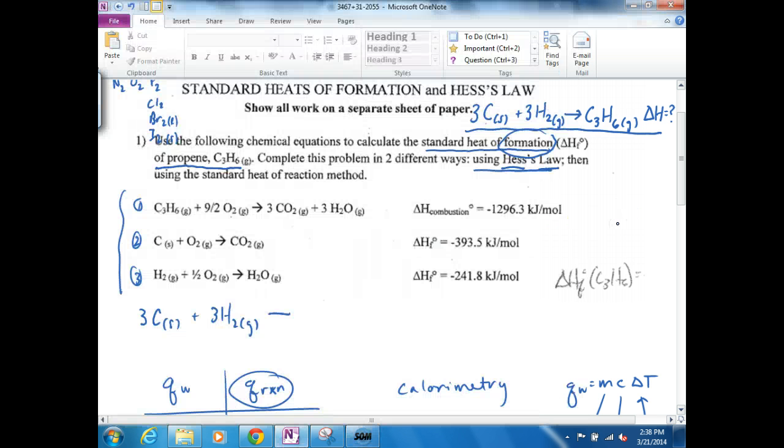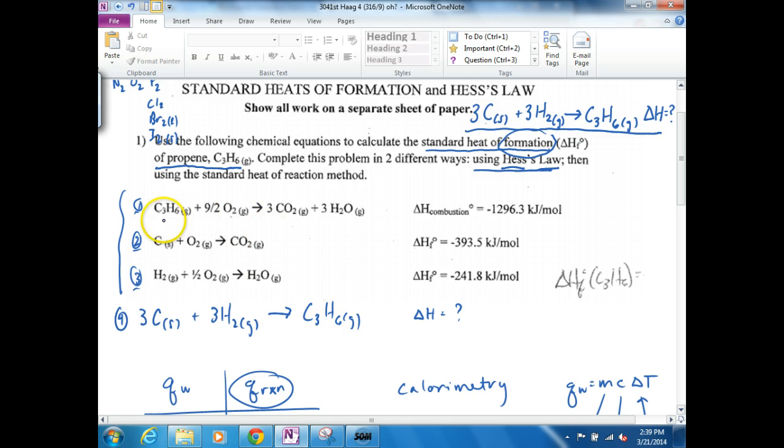So I've got to use equations 1, 2, and 3 to get this equation, the formation of propene. And then I'm going to calculate delta H on that using Hess's law. Now, what I need to do is figure out how I need to arrange 1, 2, and 3 so that when they add up, they'll give me 4, which is the formation of propene.